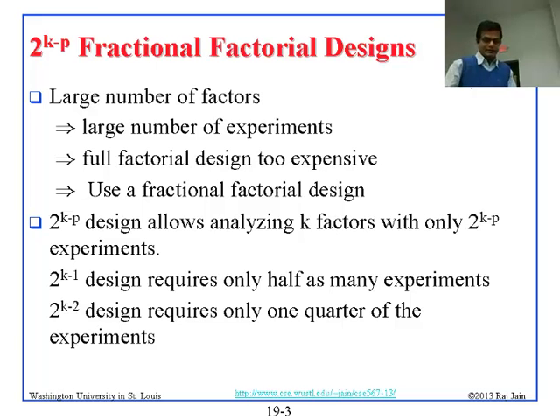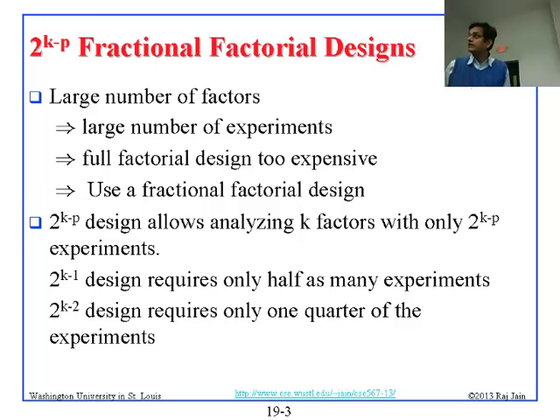All right, so let's see. When you do 2 raised to k minus p, you have a large number of factors, k is large. That will mean that you will do a large number of experiments if you do full factorial, and so you decide to do fractional factorial.